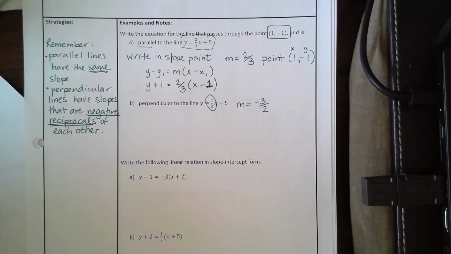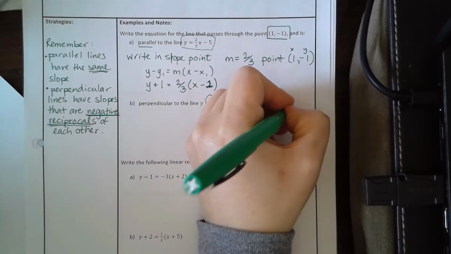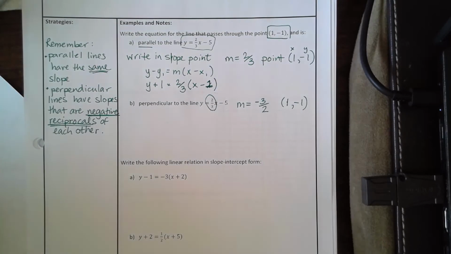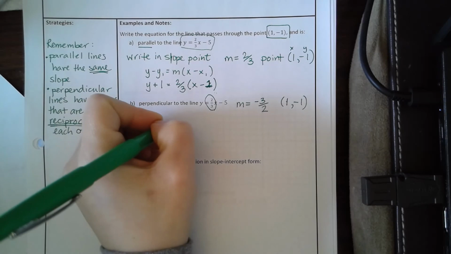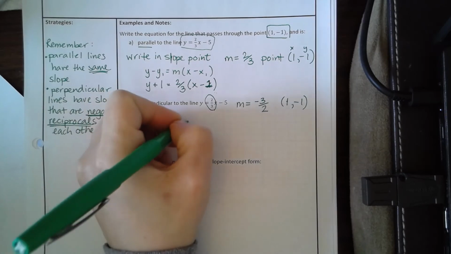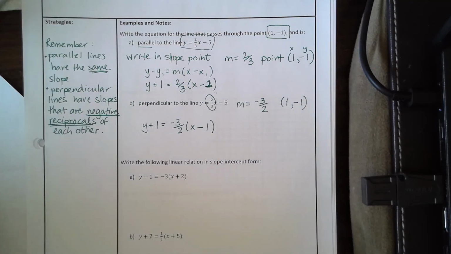So our slope becomes -3/2, and we're still going to pass through the point (1, -1). Everything should look very much the same as the last question, except our slope. Hopefully that makes sense.